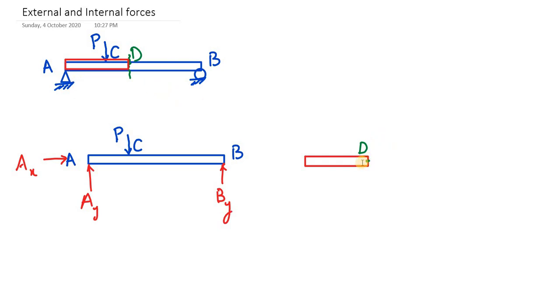This point is D, and this point is C. So we have the P force acting over here, and then these possible reaction forces AY and AX, and then we have internal forces at this location D.